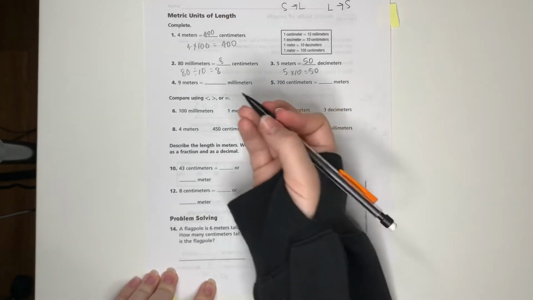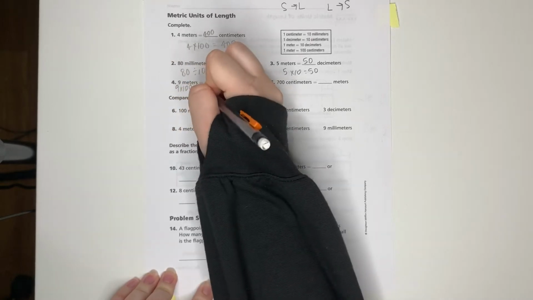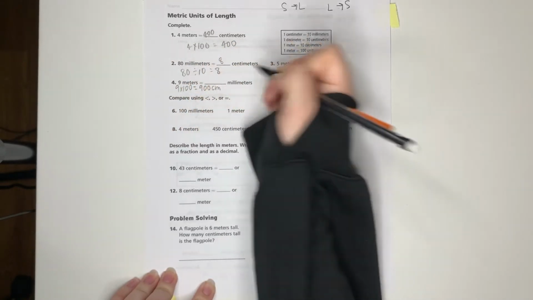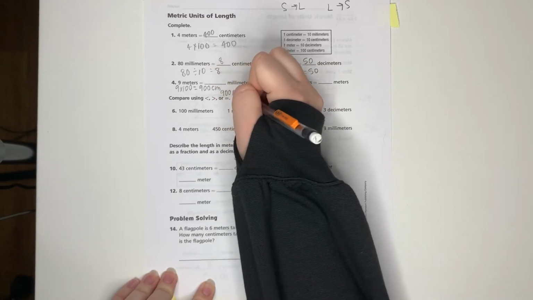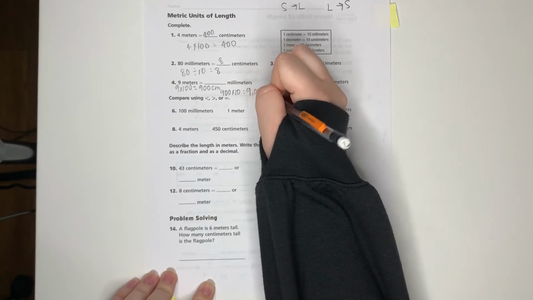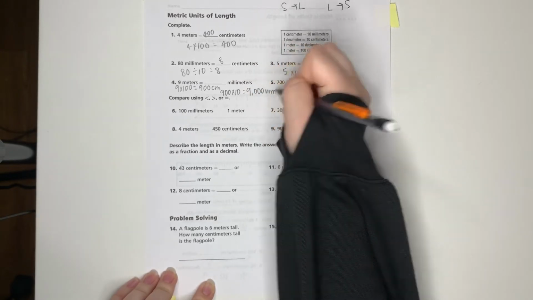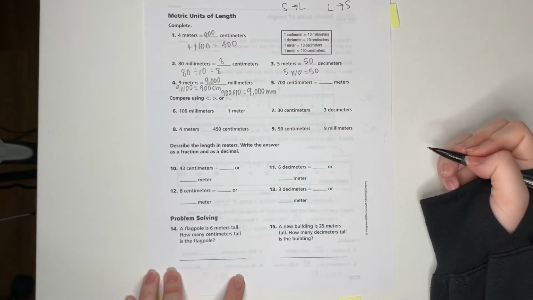So we're going to be multiplying 9 times 100, which will give us 900 centimeters, and then 900 times 10, which is going to give us 9,000 millimeters. So 9 meters is equal to 9,000 millimeters.